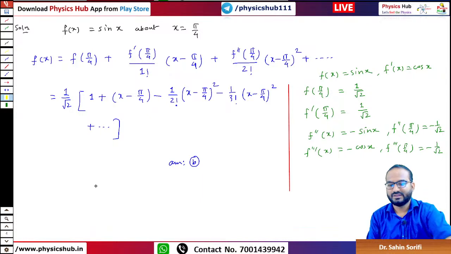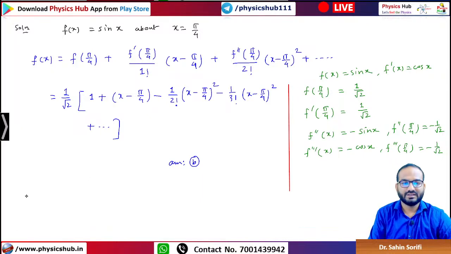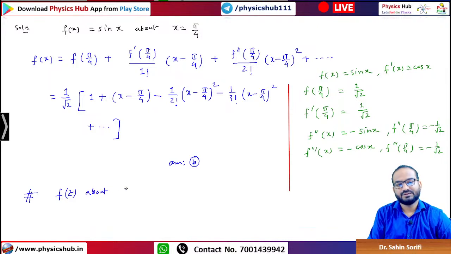Let's say if you are expanding f of z about z equals z0, one thing is sure, that the terms will come in the form of powers of z minus z0: z minus z0, z minus z0 whole square, z minus z0 to the power 3 and so on.